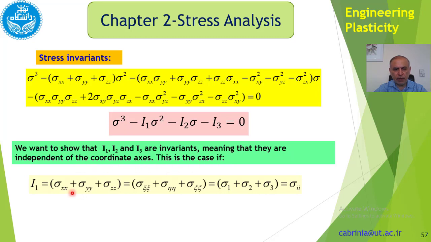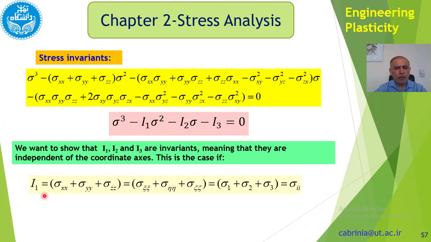So that's what we want to prove. We want to prove that these coefficients, these parentheses, I1, I2, I3, are not varying with the coordinate axis. What does it mean? It means that on different coordinate axes, their value remains the same.